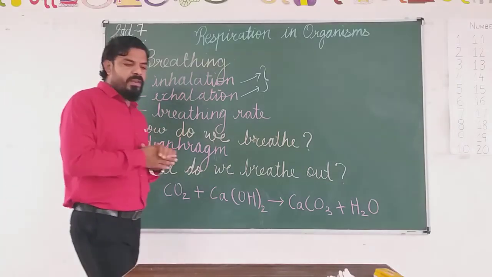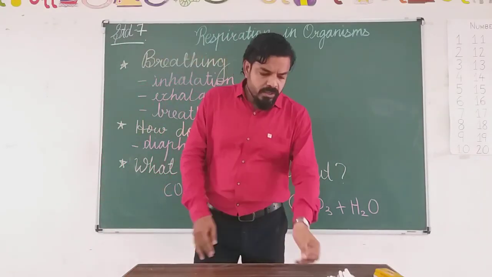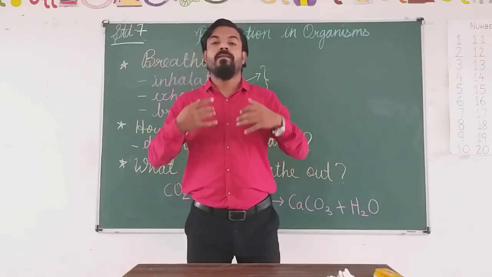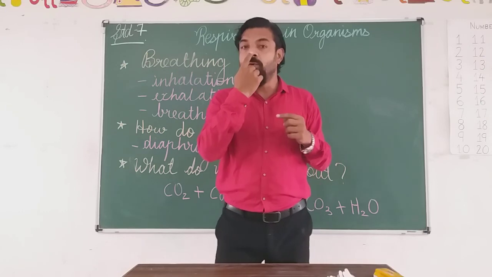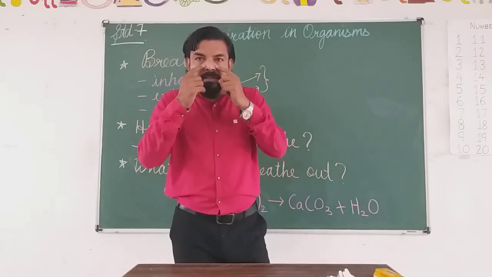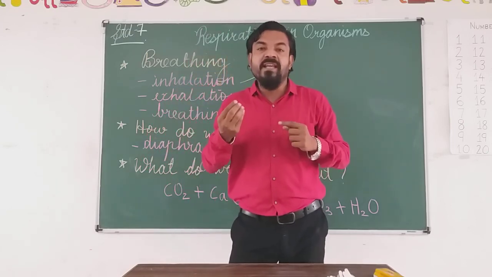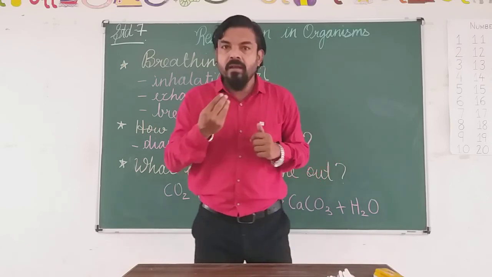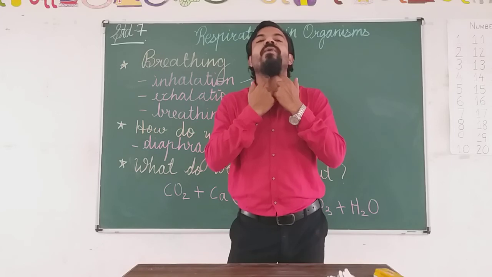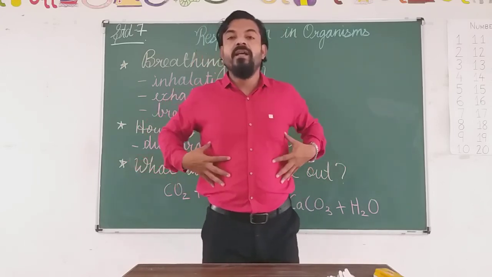Now we want to understand how we breathe. Dear students, there are breathing organs in our body. This is the nose, and these are the nostrils. This is called the nasal cavity. Then this is the windpipe, the trachea, then bronchi and airways.